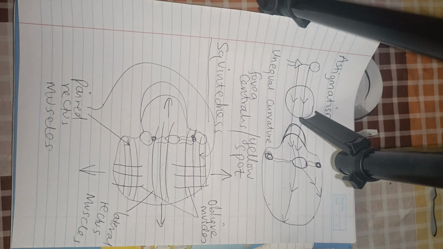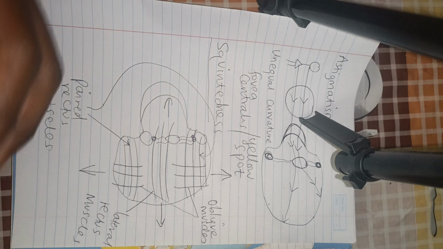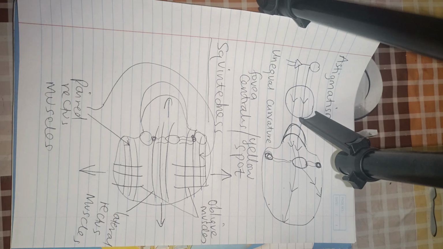So that's all about squintedness, and this condition may not have a correction at the moment, but with advanced technology in the near future, we might get a solution to this problem. The muscles fail to coordinate on getting stimulated, and end up pulling or pushing the eyeball in different directions.